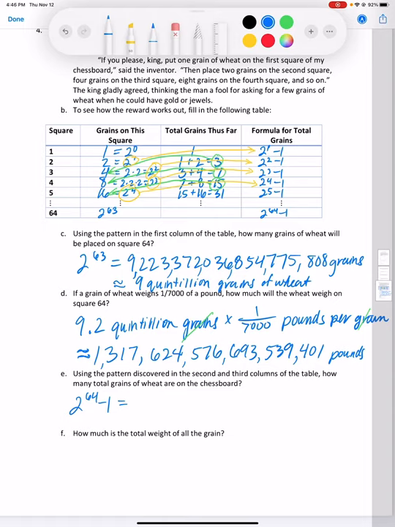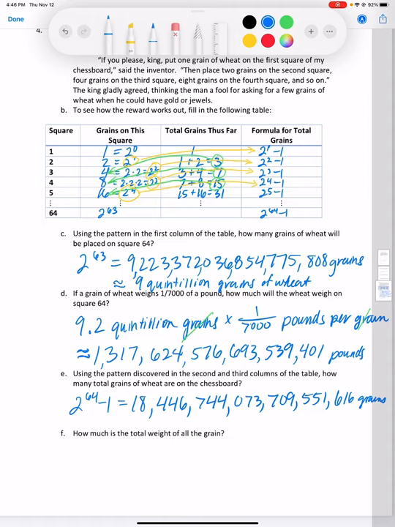So we have 18 quintillion, 446 quadrillion, 744 trillion, 73 billion, 709 million, 551,000, and 616. That's how many total grains there are. Okay, there's that many grains of wheat on the board.